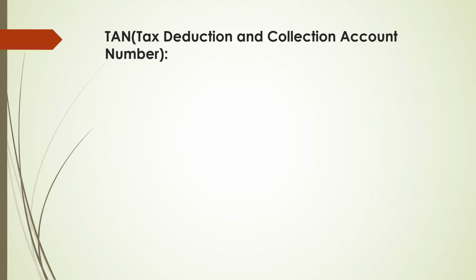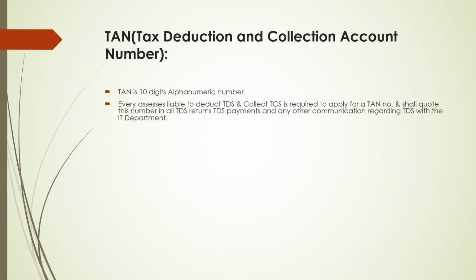Then next, it is about TAN. TAN is nothing but Tax Deduction and Collection Account Number. TAN is also a 10-digit alphanumeric number. Every person is liable to deduct TDS, that means tax deduction at source, and collect TCS, and is required to apply for a TAN number.